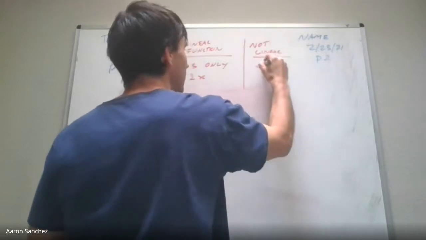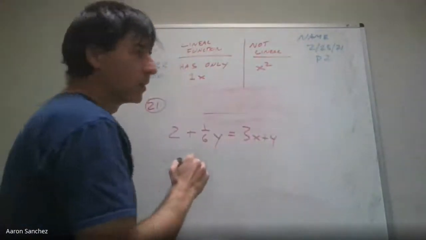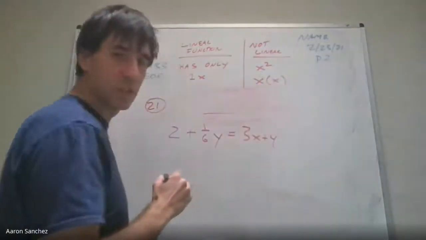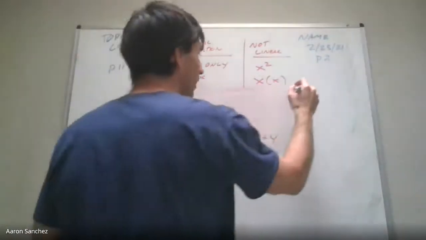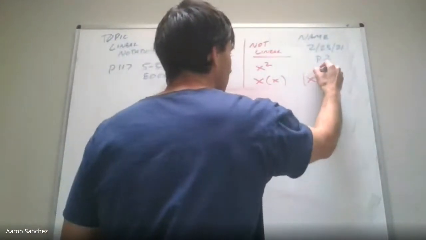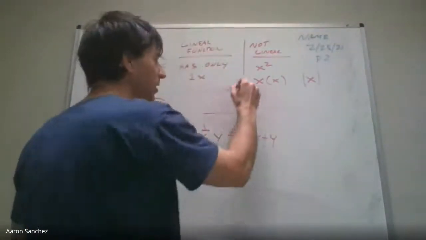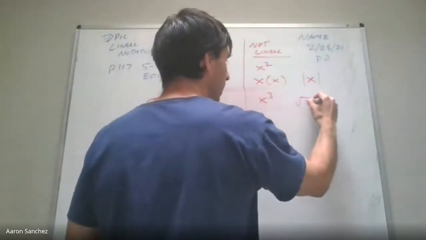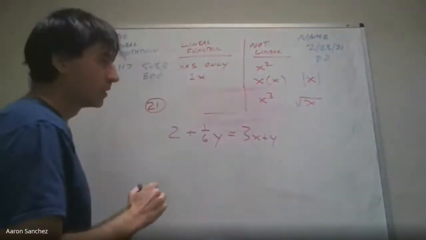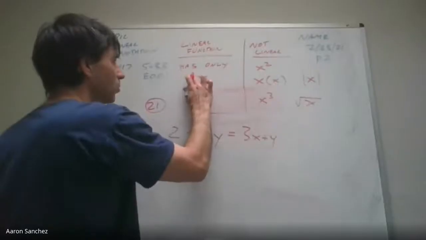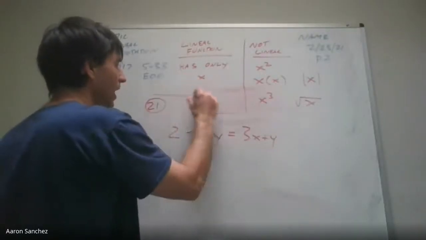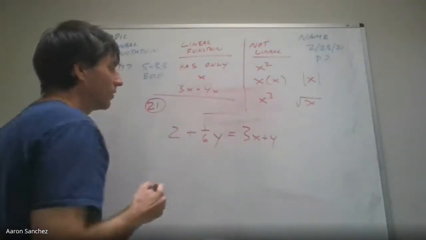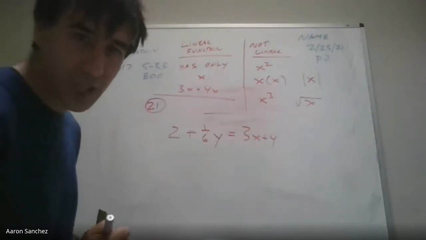Okay, so not linear would have like x squared, or it'd have x times x, or it would have x absolute value, or it'd have x cubed, or it'd have square root of x. Nonlinear has more than just one x. Or I can add x's, if I say 3x plus 4x. If you add the x's or subtract the x's, that works.